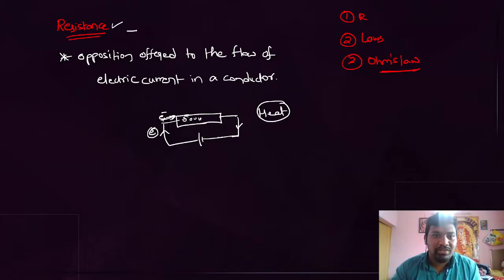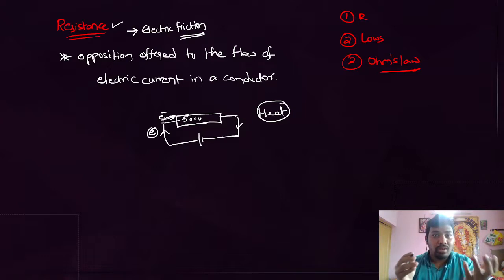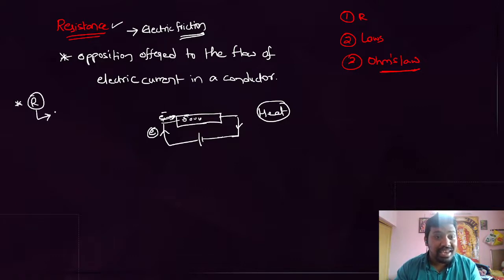Resistance can also be defined as electric friction, right? Now whenever they are colliding with each other, we will be getting heat. So we can conclude that resistance is heat dissipating, right? Resistance is heat dissipating.